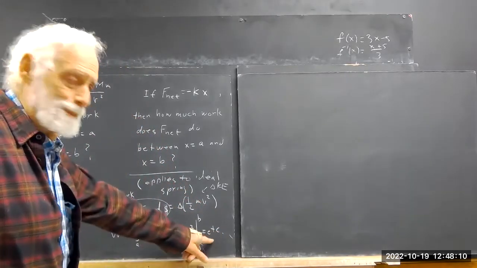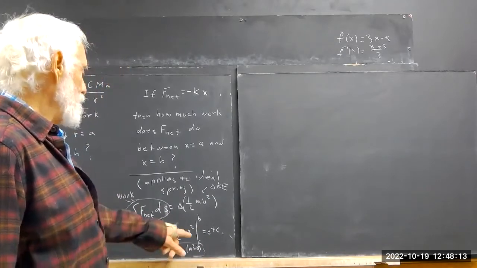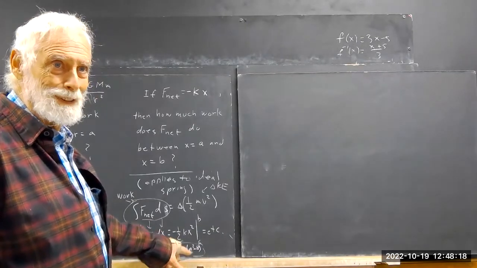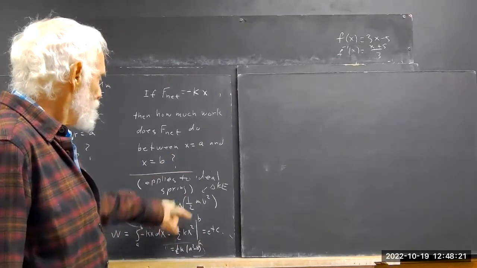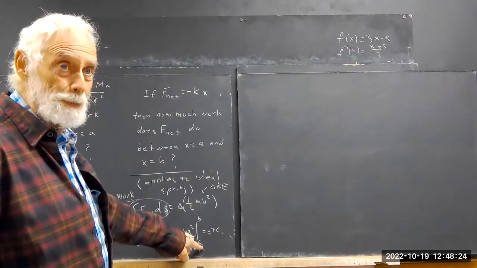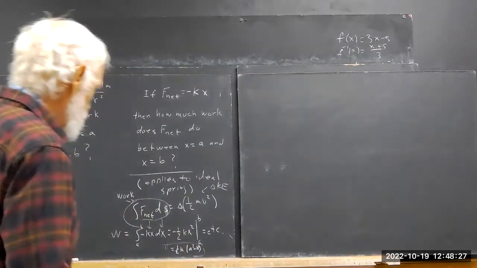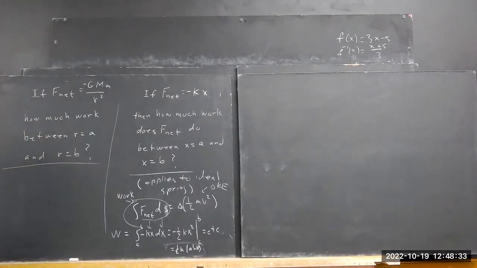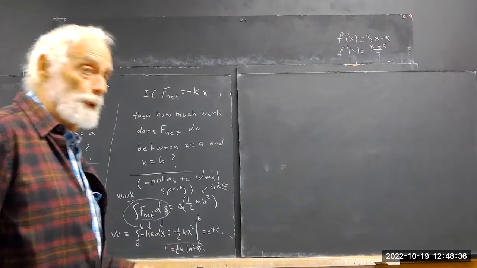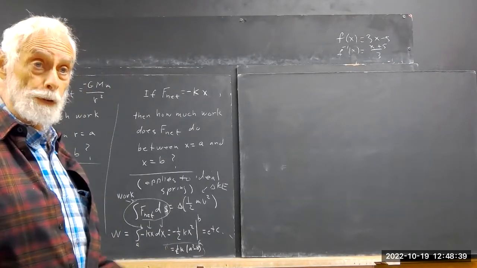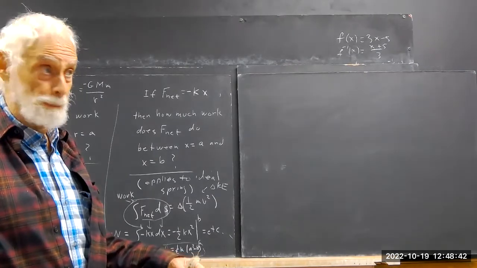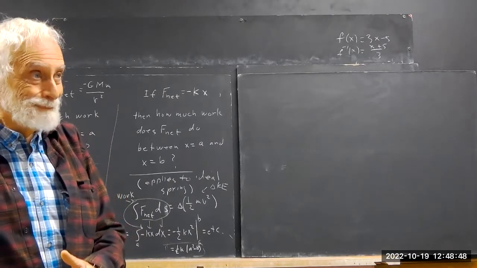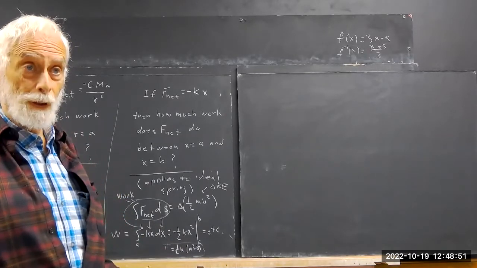But if I write this out, if your calculus doesn't allow you to write this out pretty quickly, then just review a little bit of calculus. This just means you substitute B and then subtract what you get when you substitute A for X. So that's very straightforward. Okay. So that's how much work that spring force does between X equals A and X equals B. It's the change in the kinetic energy of whatever's on that spring, as you move from one point to another.